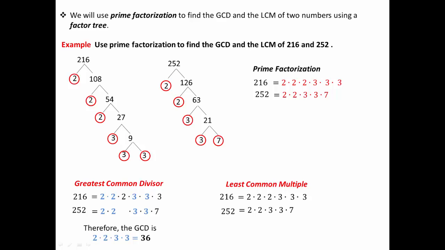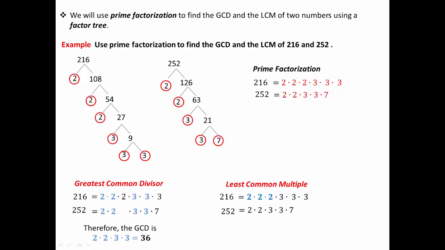To find the LCM of these two numbers, notice that the number 2 appears 3 times as a prime factor of 216, and only 2 times as a factor of 252. So we use 3 2's since we are taking the greatest number of times the prime factor appears in either number.